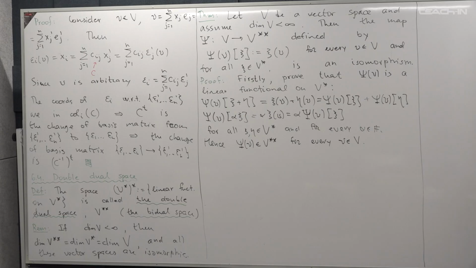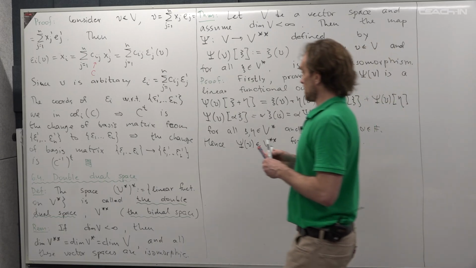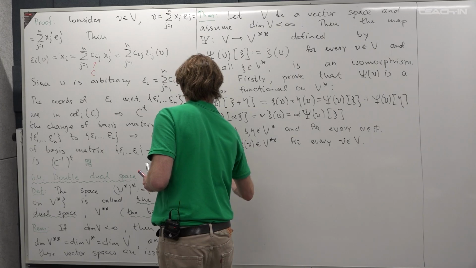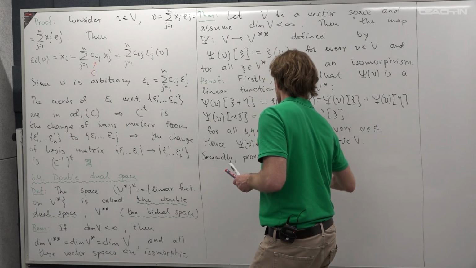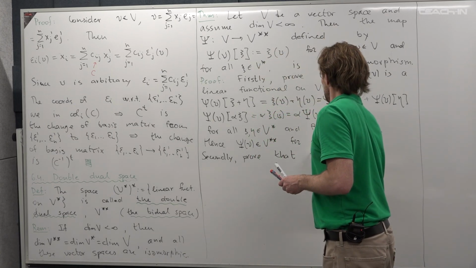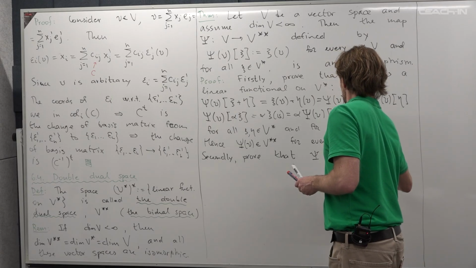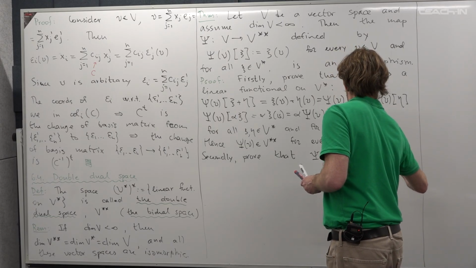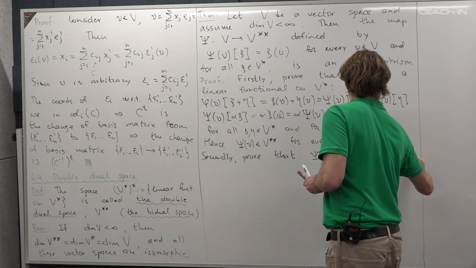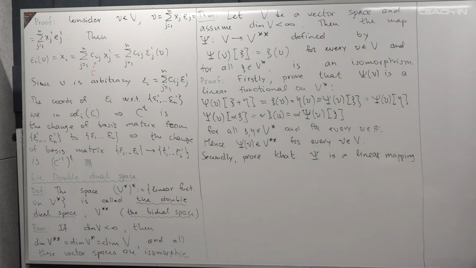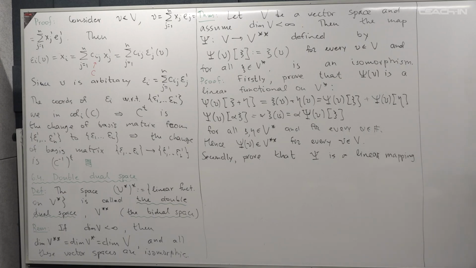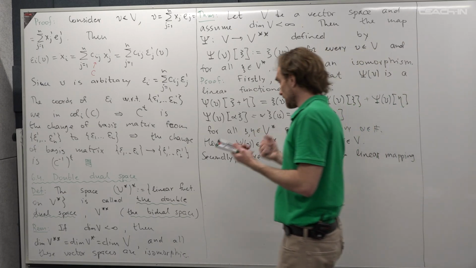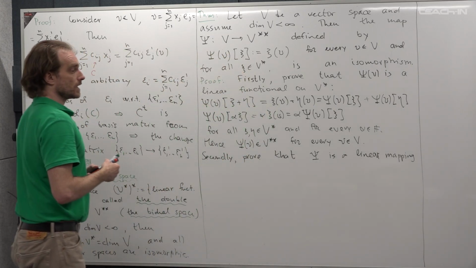Then we need to prove that psi is a linear mapping. Secondly, because when we need to prove that something is an isomorphism, we need to prove that this mapping is a linear mapping, and then we need to prove that it is injective and surjective. So why is psi a linear mapping?